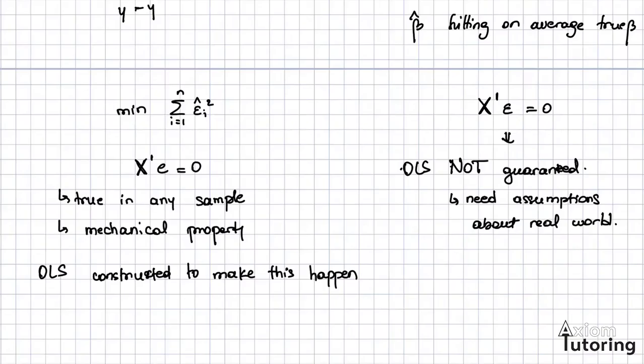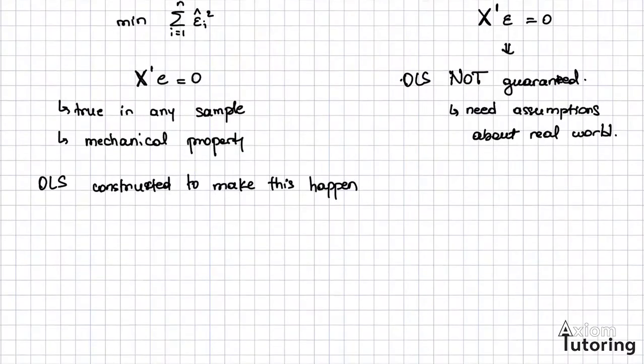Why the confusion? If we know that the residual and the error term are obviously different things, and that one is a mechanical property that OLS is constructed to make happen, while the other needs certain assumptions, why do we still have confusion?